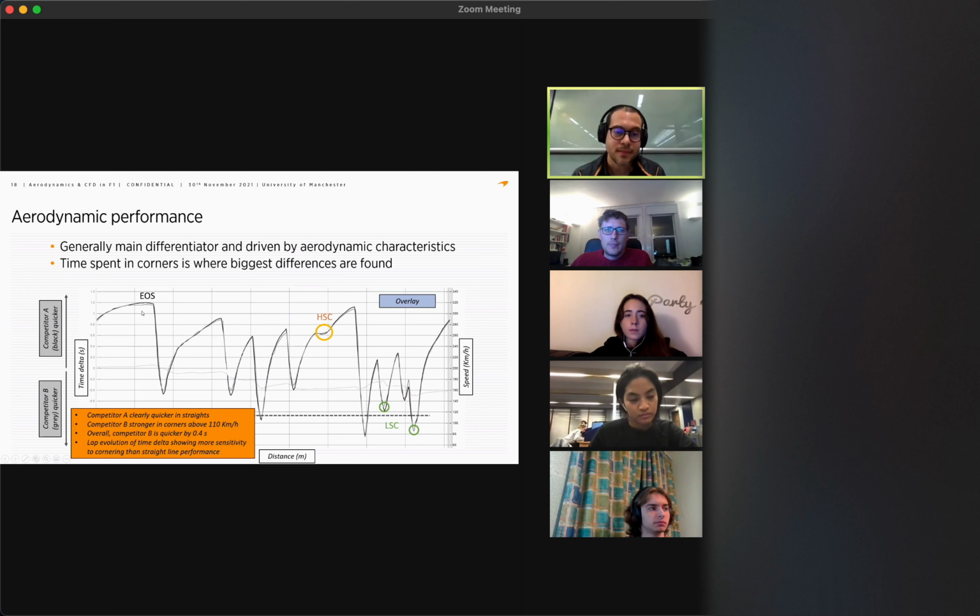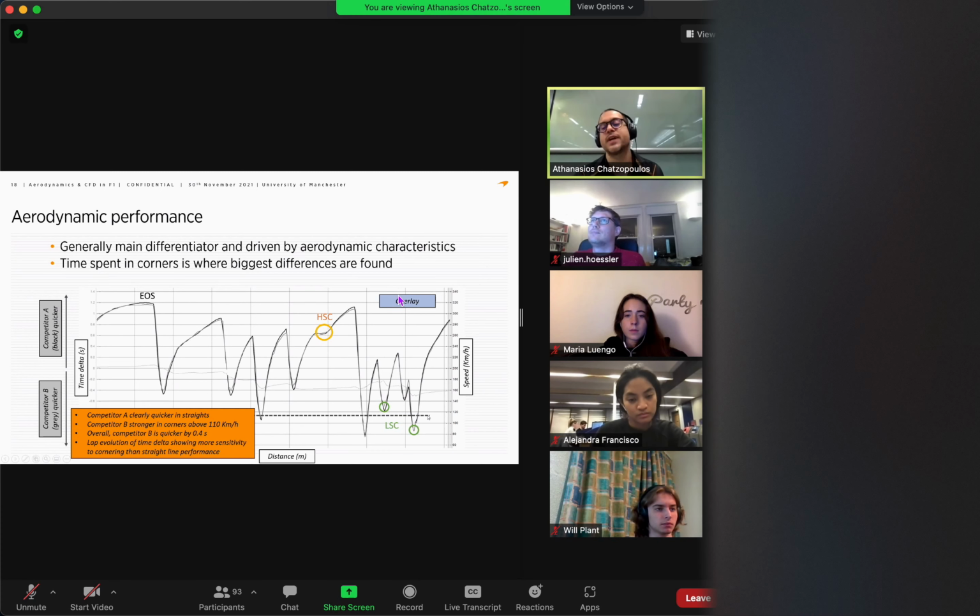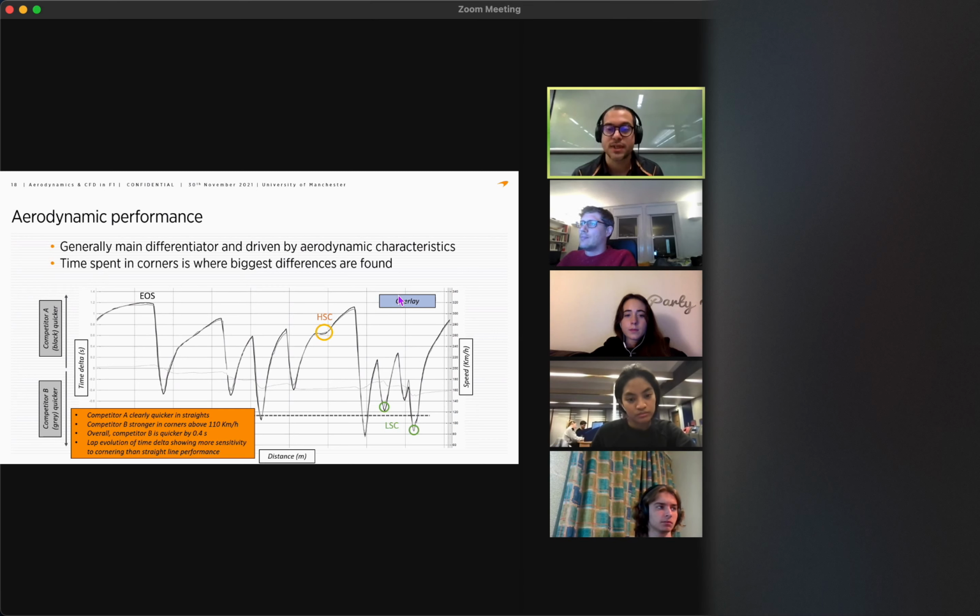However, what we will see is in the first corner, your competitor B maintains higher speed. And this is the trend more or less in all corners that are above 110, I would say, kilometers per hour.